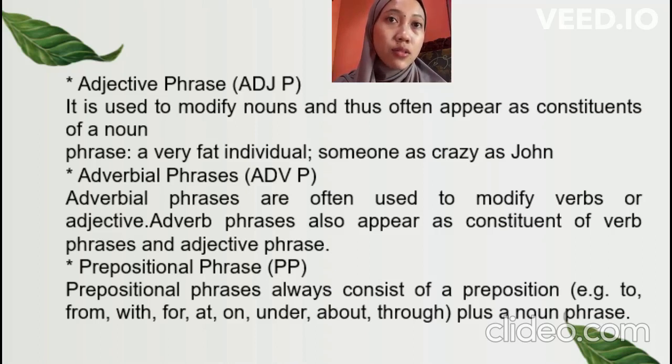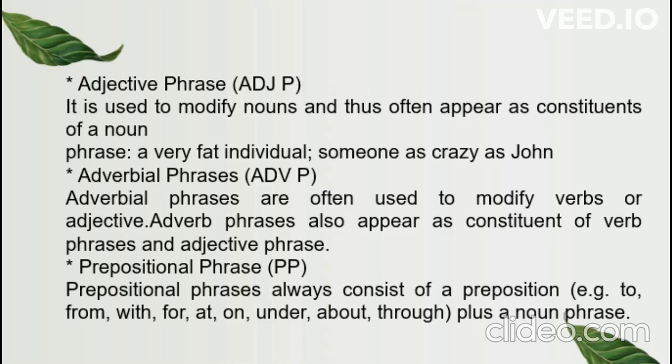Adverb phrases also appear as constituents of verb phrases and adjective phrases. Prepositional phrase. A prepositional phrase always consists of a preposition, e.g., to, from, with, for, at, on, under, about, through, plus a noun phrase.